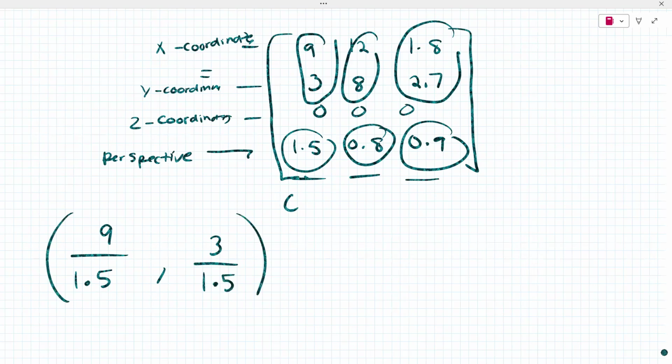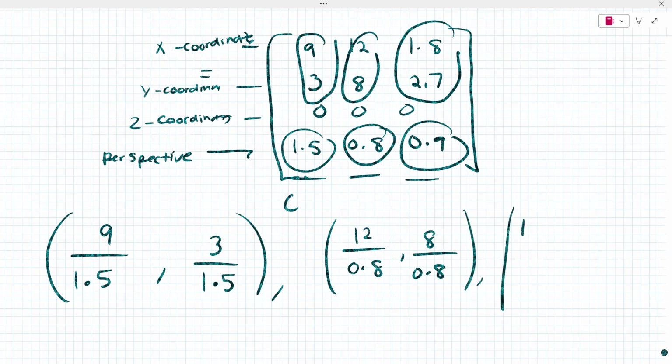So we're still in 2D. Then it would be 12 over 0.8 because that's your perspective, and 8 over 0.8. And then 1.8 over the perspective 0.9, and the next one is 2.7 over 0.9.